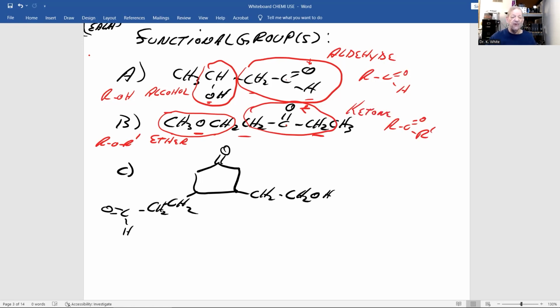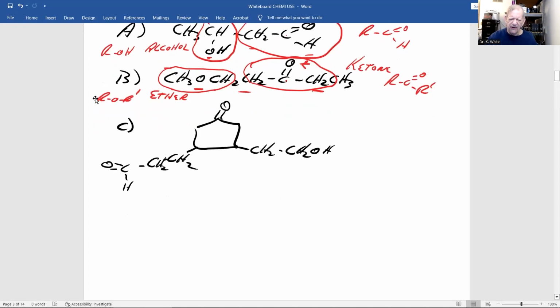All right, let's move on to C. I think I threw everything in on C but the kitchen sink. Well, here's an oxygen, double bonded to a carbon here with hydrogen and carbons. This part you don't have to do, but circle and name that. What's a carbonyl with hydrogen and an R group?